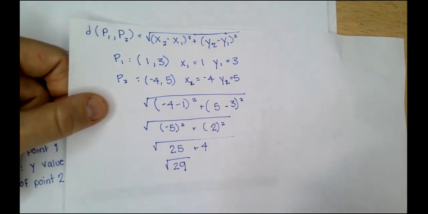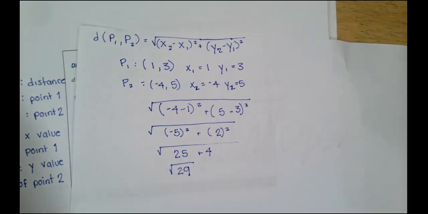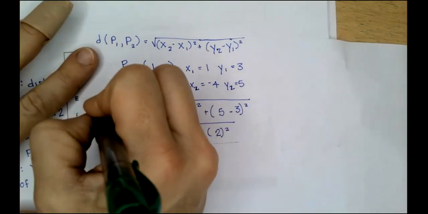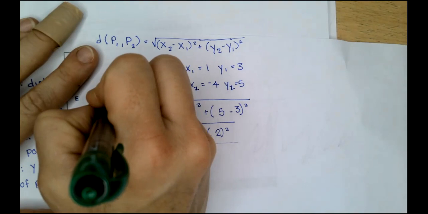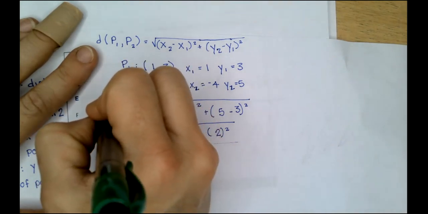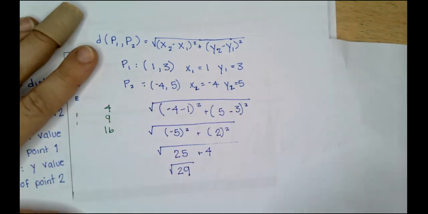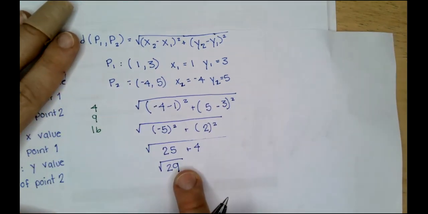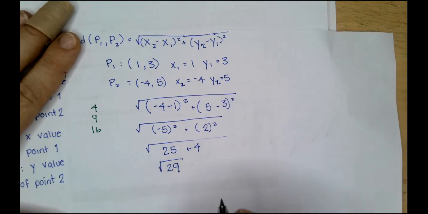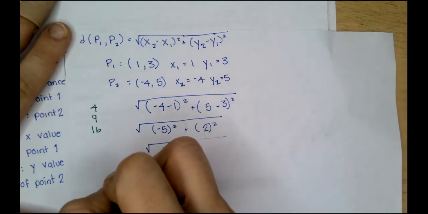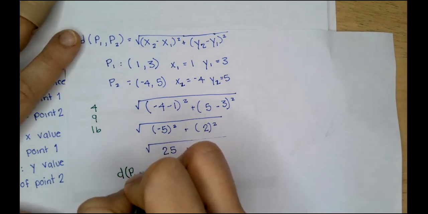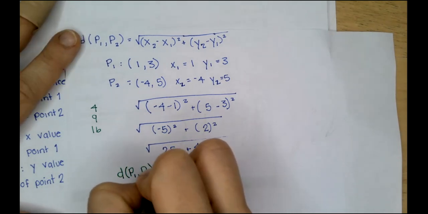okay? Check it to make sure you cannot simplify it any further. So the perfect squares less than 29 would be 4, 9, 16, 25, right? I can't divide 29 by 16, I can't divide 29 by 9, and I can't divide 29 by 4. So I'm just going to say the distance is that.